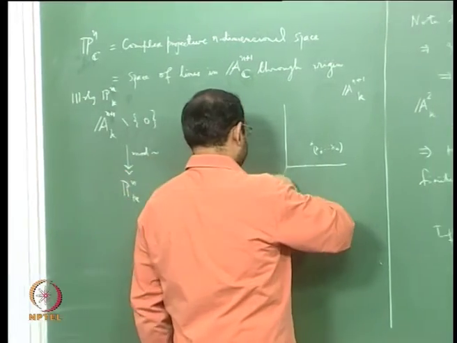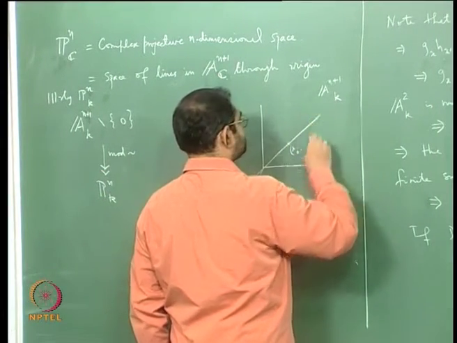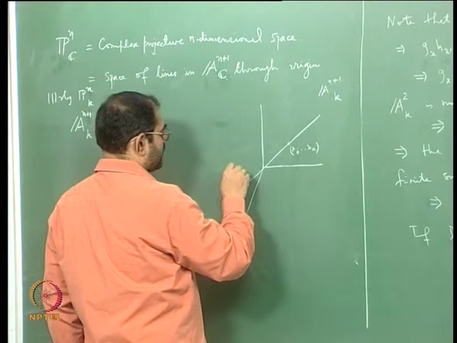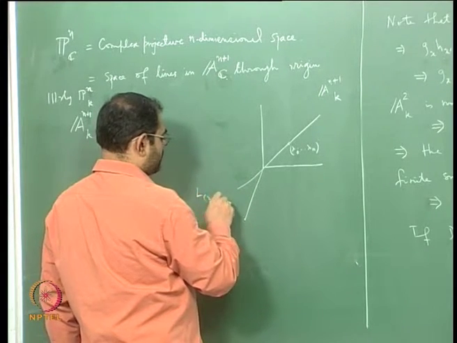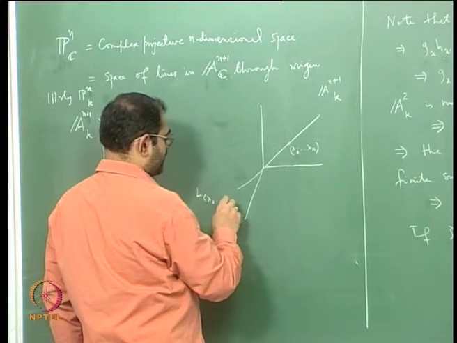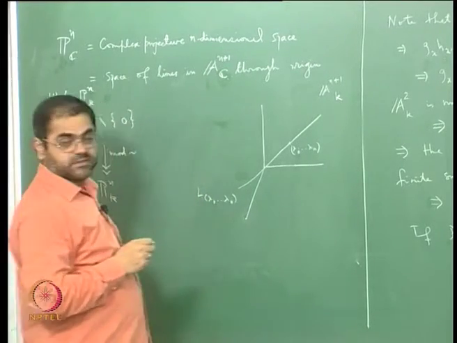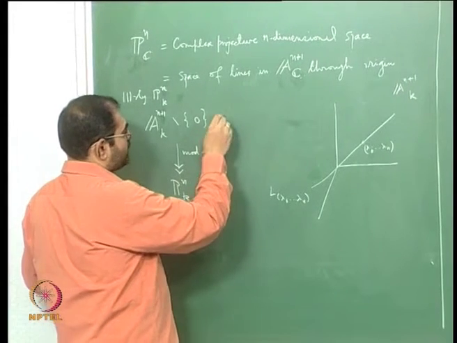So this is the line passing through the point (λ0, ..., λn).